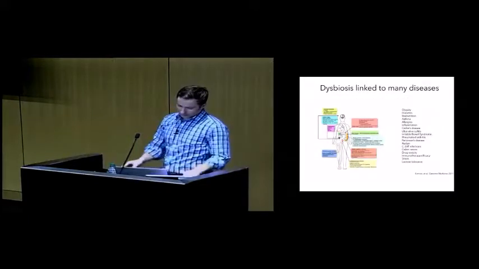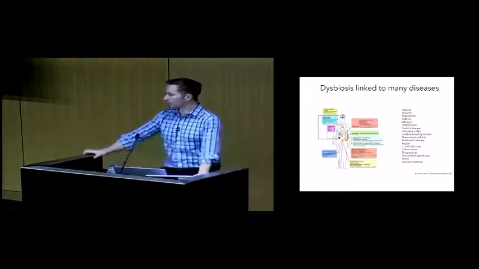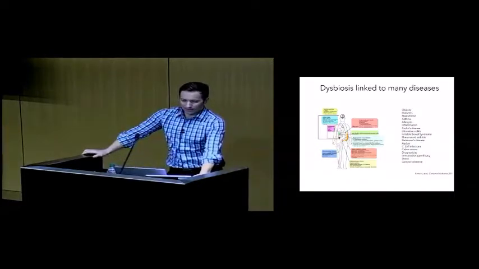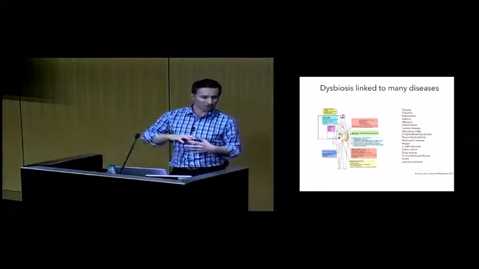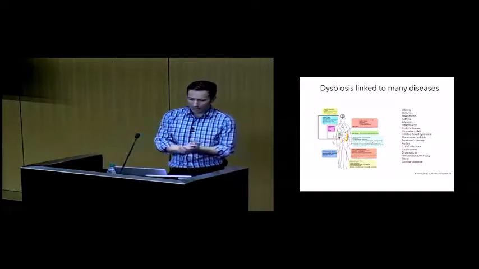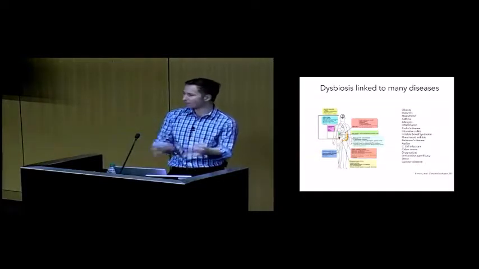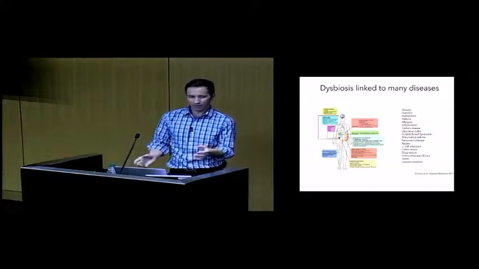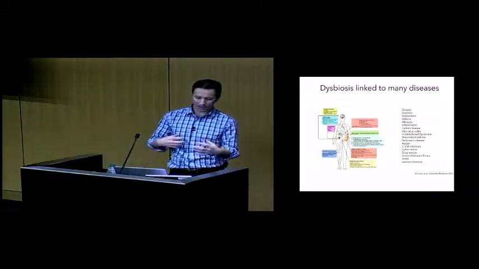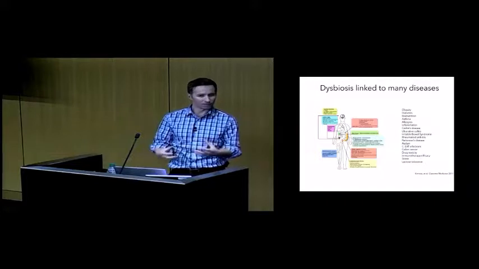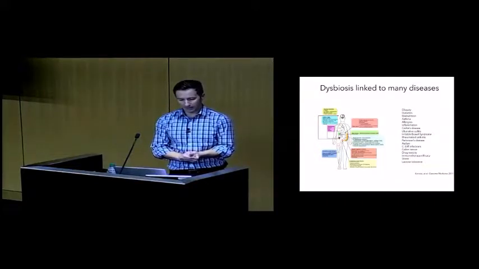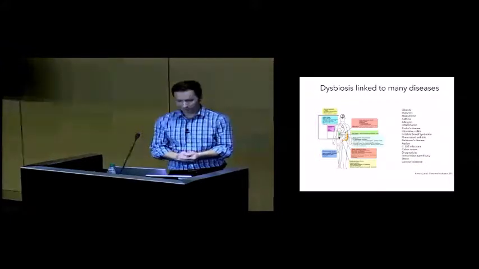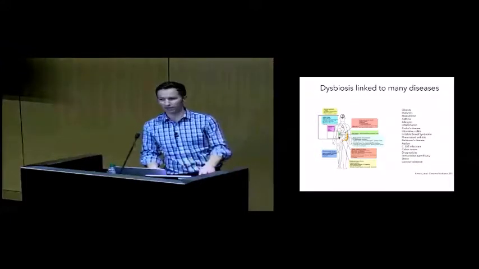So dysbiosis is this kind of buzzword these days. It's kind of intentionally vague, but it basically means an imbalance in your gut microbiome, in the inner ecosystem. And there are many different types of dysbiosis, but the notion of having an unhealthy community of microbes inside you is important, and it's been linked to this growing list of major chronic diseases.